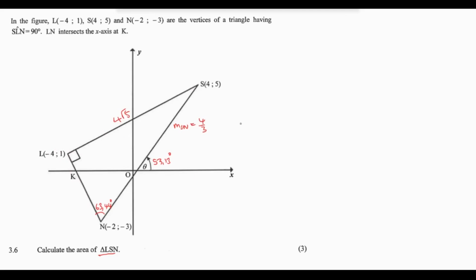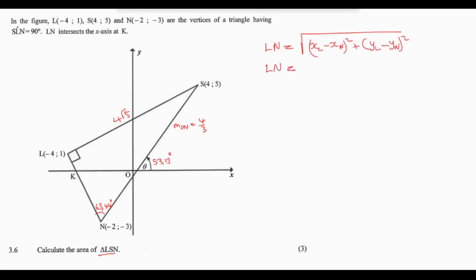But let's just do it. So let's find the length of LN. LN is equal to the square root of x at L minus x at N squared plus y at L minus y at N squared.